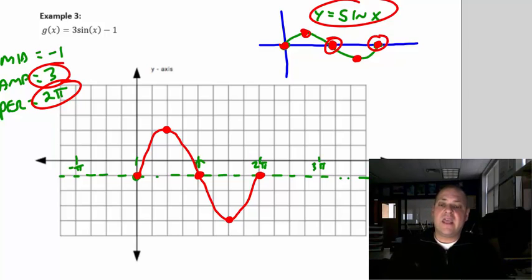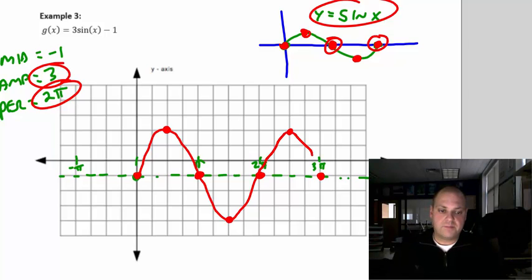All right? And then we're going to keep going. So we're going to go to 3 pi. At 3 pi, it's just going to go up to the max again. Oh, I'm sorry. No, that's not correct. At 3 pi, it's going to go back down to the midline.